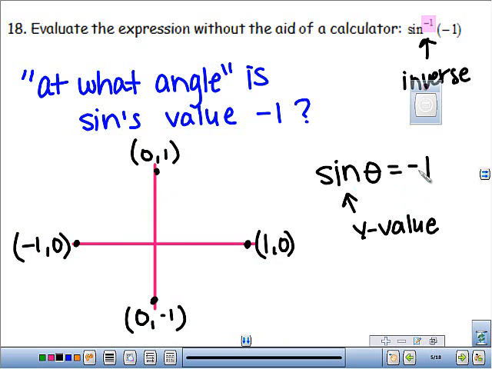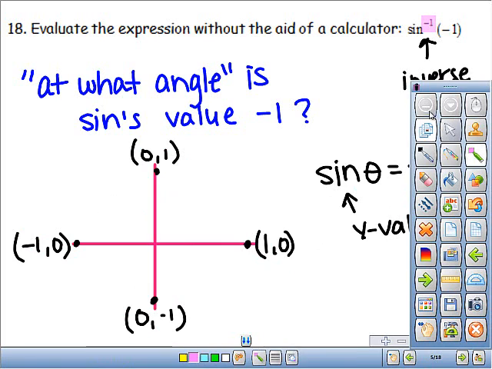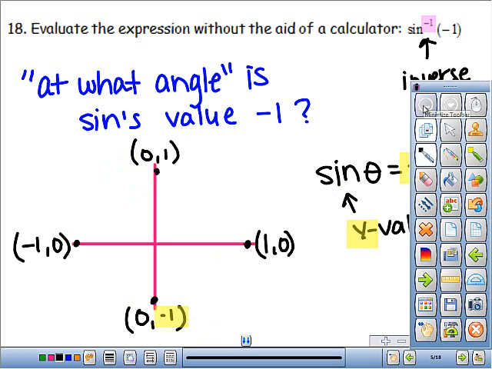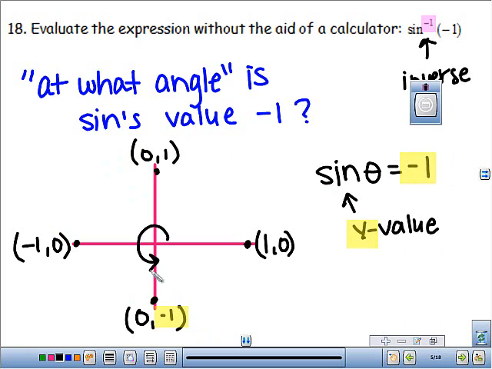We're looking for -1 for the y. So for my y value to be -1, here you go. So what angle is that? Here's the angle we're looking for. It doesn't specify if you should give it in radians or degrees, so I would take either. You could tell me 270 degrees or 3 pi halves. I'd take either answer.